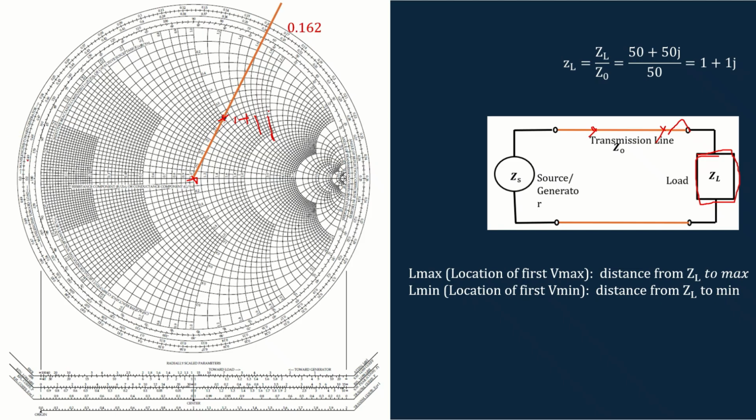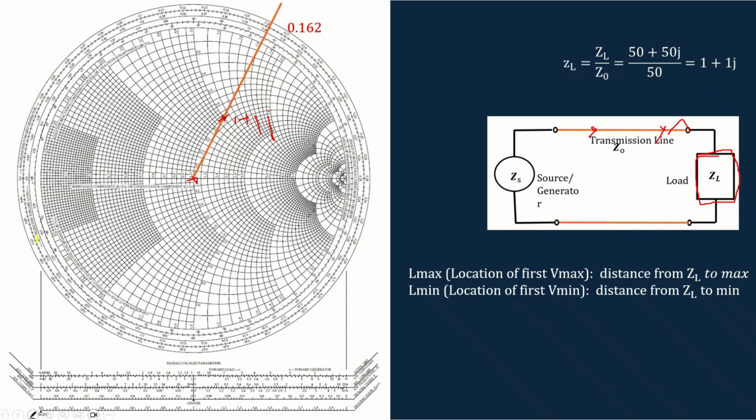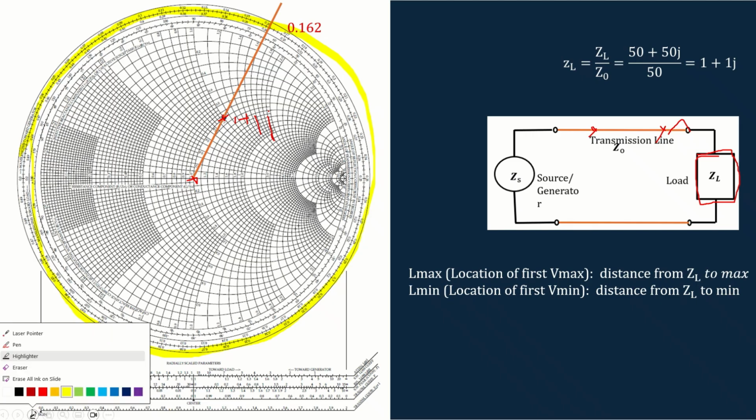To find the length of the load impedance, we have to use the wavelengths towards generator scale. You have to use this outer circle, wavelengths towards generator. So that is the outer circle, and this is rotating like this. From load to generator, you have to consider the outer circle.